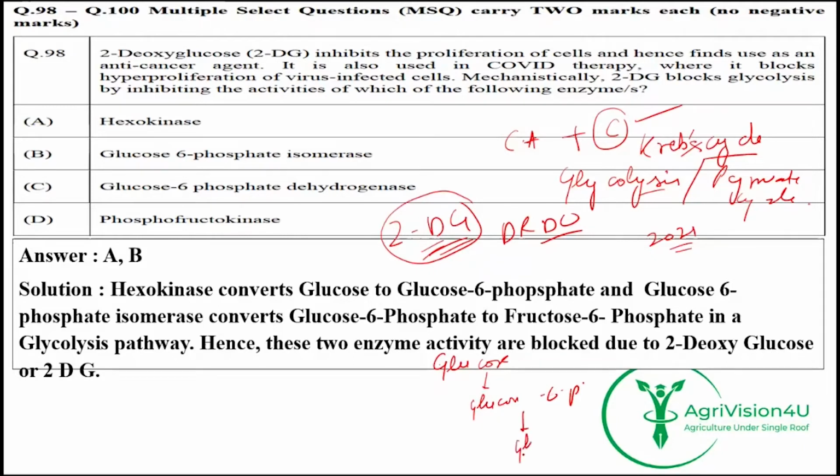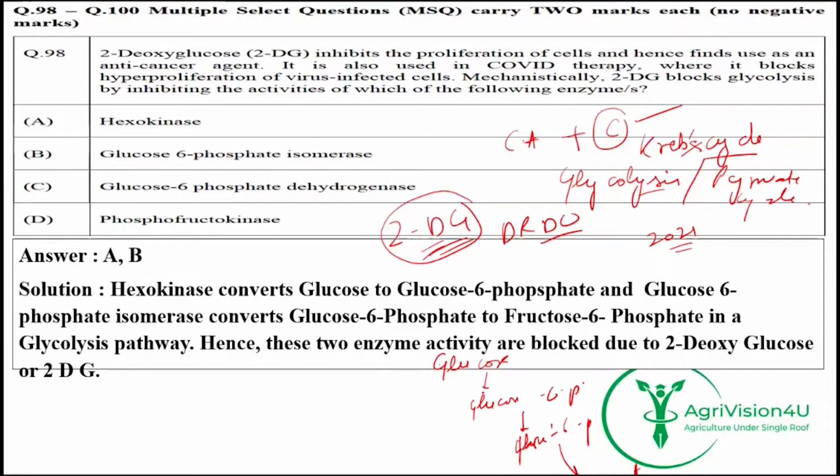Glucose 6-phosphate is converted to fructose 6-phosphate. Fine. In a glycolysis pathway, and then ultimately it results in the ATP and energy. Fine. And the pyruvic acid. So several enzymes are involved in this glycolysis pathway.